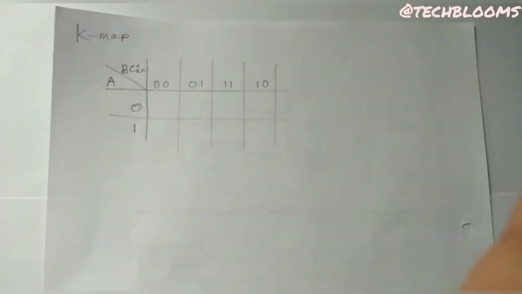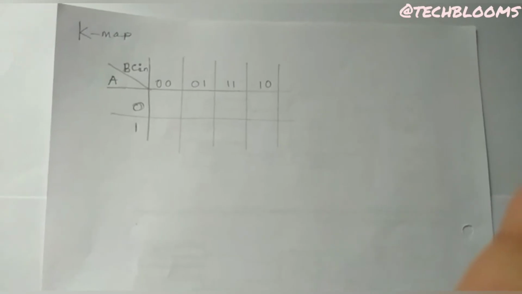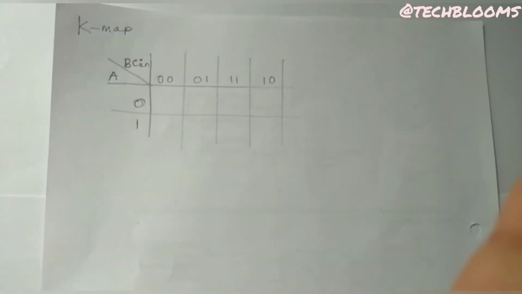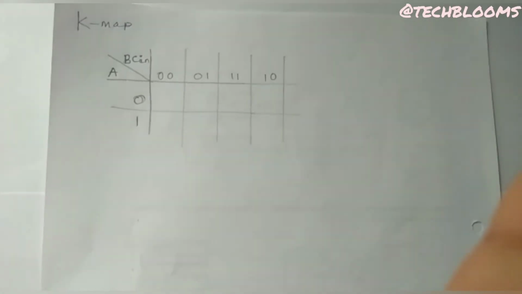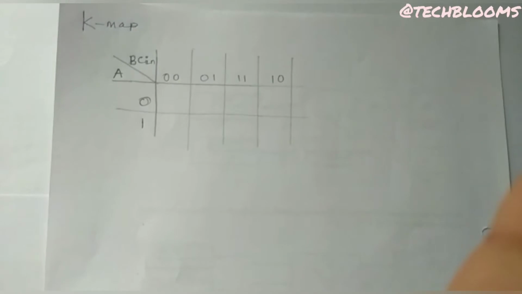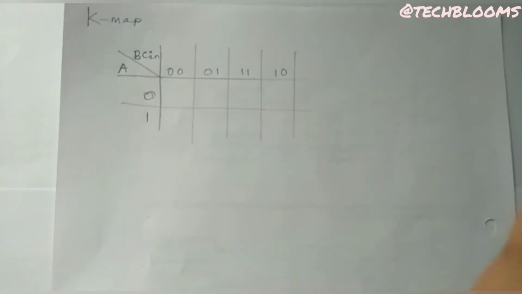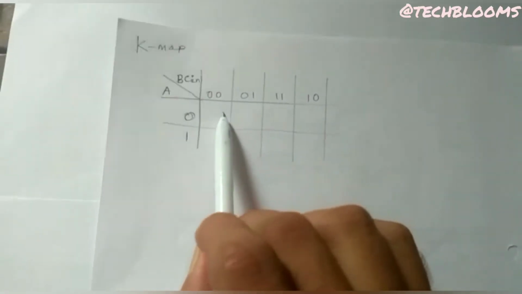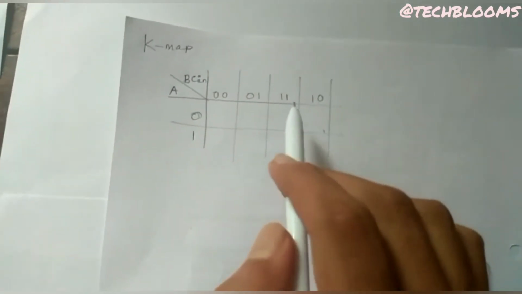K-map is the simplification of Boolean expressions. K-map is a graphical representation of a truth table. It consists of rows and columns. Since we have 8 combinations, we will have 8 blocks.